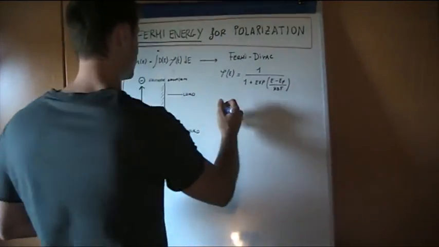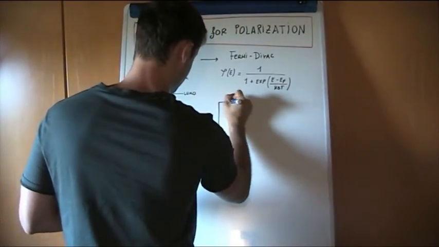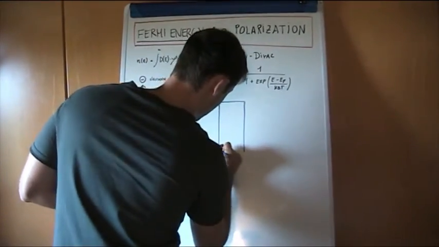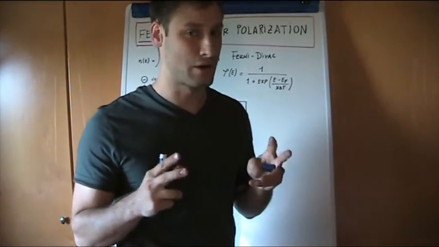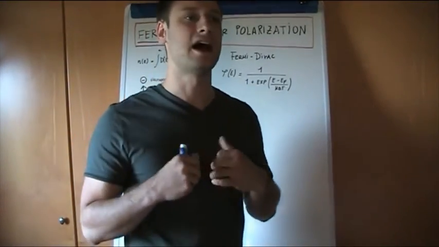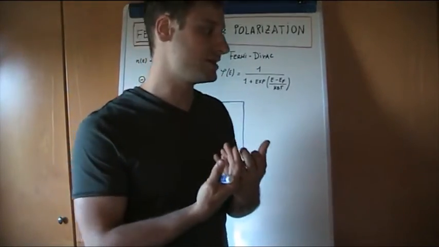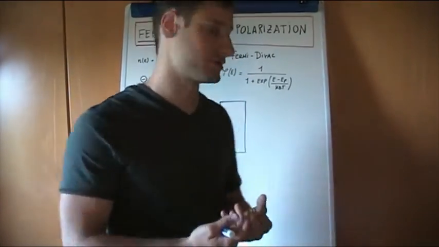It's obvious that the Fermi energy is a measure, from a certain point of view, of how enriched in electrons two different types of metal are.